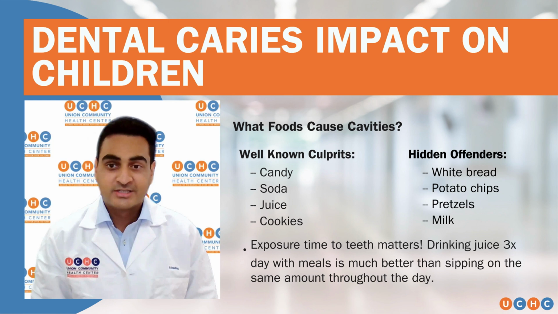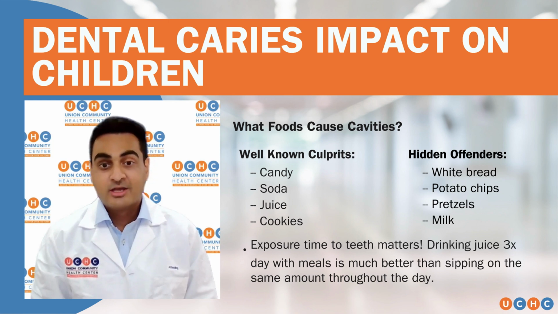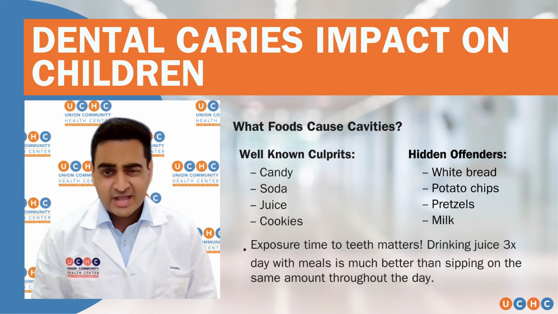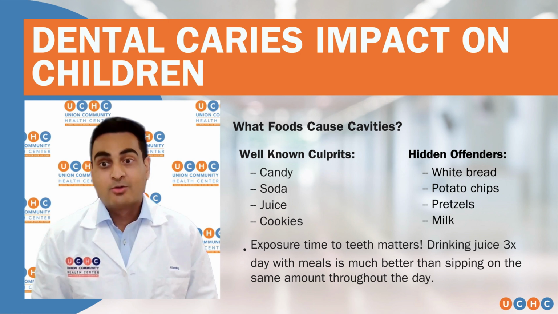The reason is that a lot of these foods have either starch or sugar that we don't realize. Especially with white bread and potato chips, not only can they break down into sugar within our mouths because they contain a lot of starch, but they also stick around the teeth a lot more. That can put patients at higher risk of developing cavities.